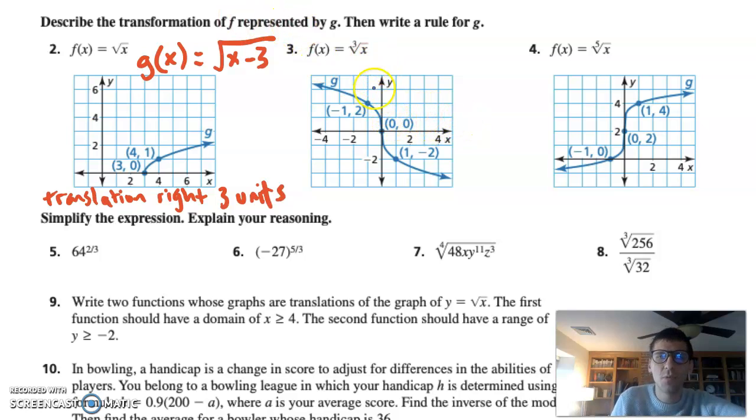Okay, this one, so I know originally my cube root of x usually goes like this, right? Oops, that was very incorrectly drawn. Oops. Let me try that again. So it's usually like this.